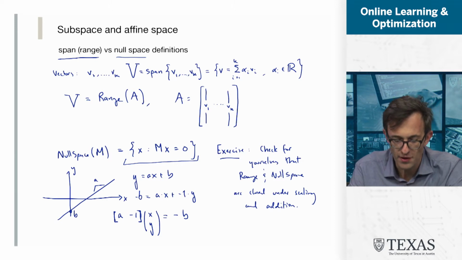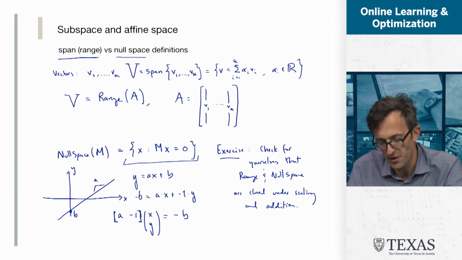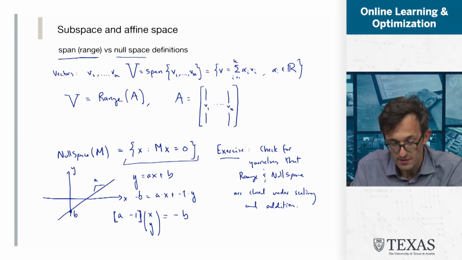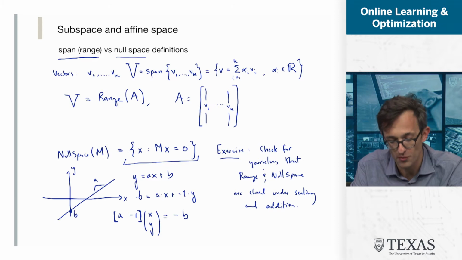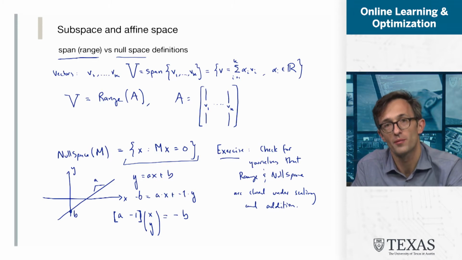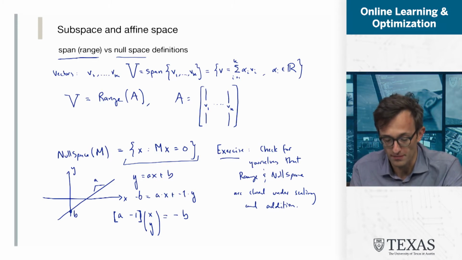You see, this is very close to this null space definition, except I don't have 0 on the right-hand side. And that's because this line is not going through the origin. If it were going through the origin, then b would be 0, and a line would exactly be a subspace. That's defined using this null space property rather than the range property.